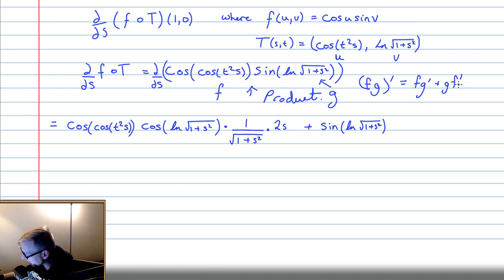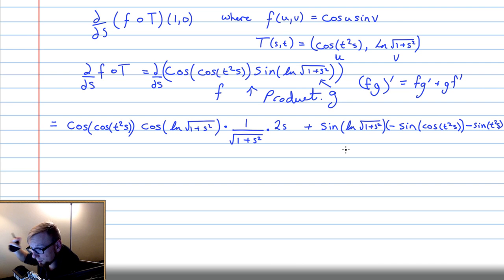And now we multiply by f prime. So what's the derivative of cos? Derivative of cosine is minus sine. So we've got a minus sine, then the inside stays the same, cosine t squared s. Then we multiply by the derivative of the inside, which is cosine of t squared s. The derivative of cos is minus sine, so minus sine of t squared s.